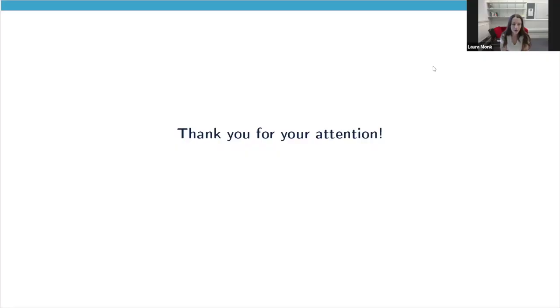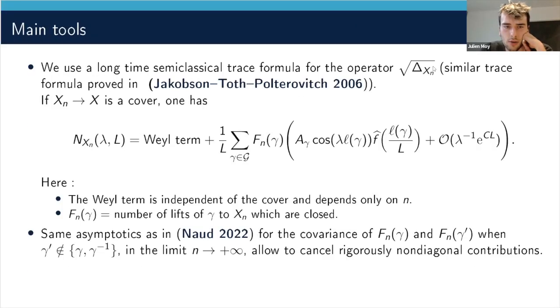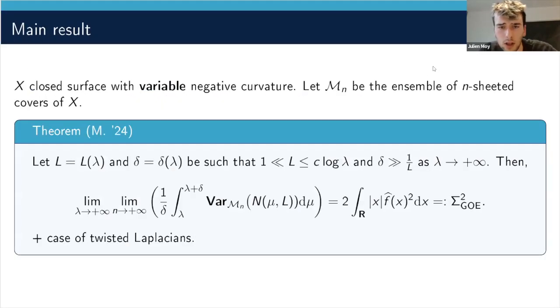Do you see where the impact of the values of the curvatures is in your estimate? Yes, you do. When I talked about the regime of lambda and L in which the trace formula holds, it was here. You have some regime of L and lambda, and essentially the proofs rely on some approximation of the quantum dynamics by the classical dynamics, and this works up to something that we call the Ehrenfest time, and it is more or less related to the entropy of the geodesic flow.